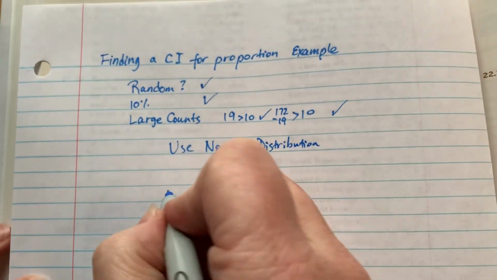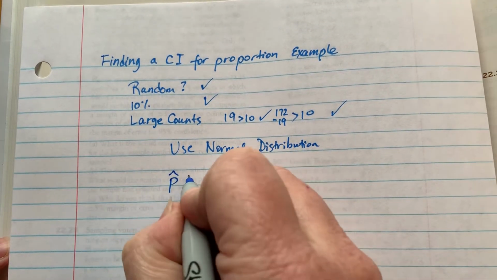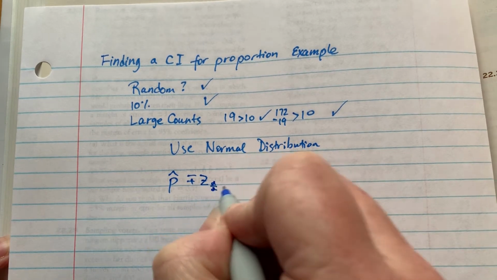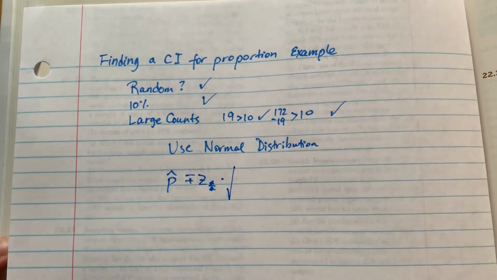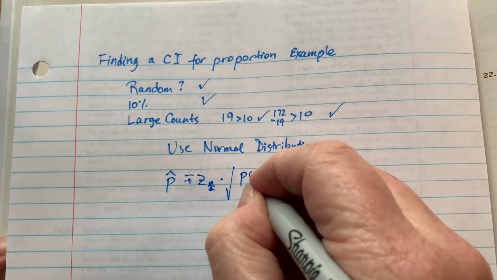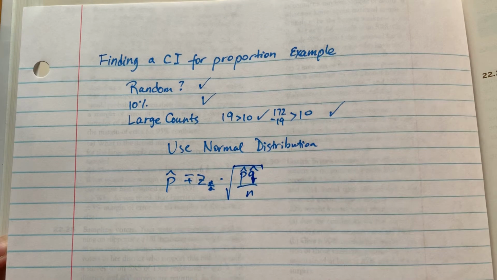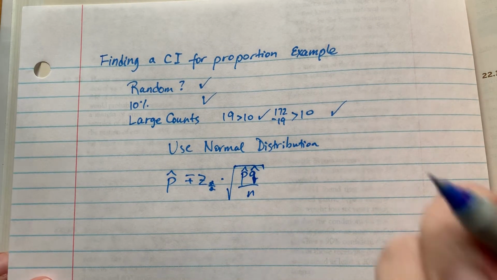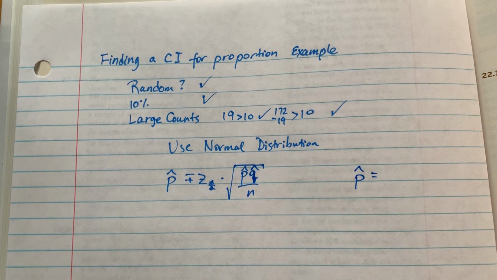I'll remind you that in order to build a confidence interval, I need my point estimate, my critical z-score, z alpha over 2, and the standard deviation of the sampling distribution, which is the square root of p hat q hat over n. Before I begin, let's calculate my p hat really quickly.